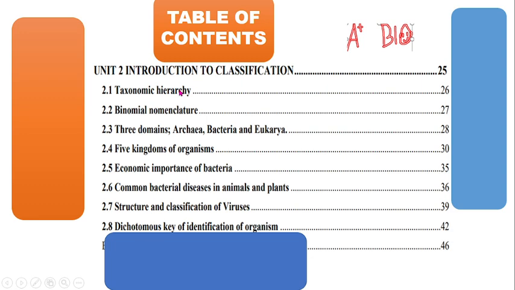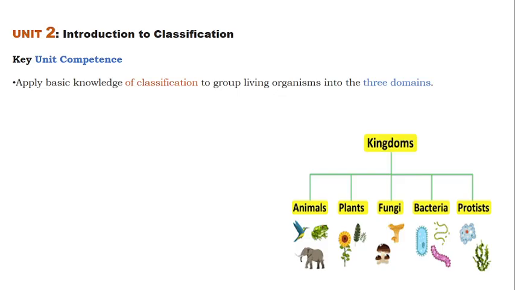I'm not going to delay by explaining this content now, but I'm sure that each thing shown here I'm going to explain very well in detail in the following slides. When we say classification, just understand the word class. It means you are going to group living organisms into their classes.